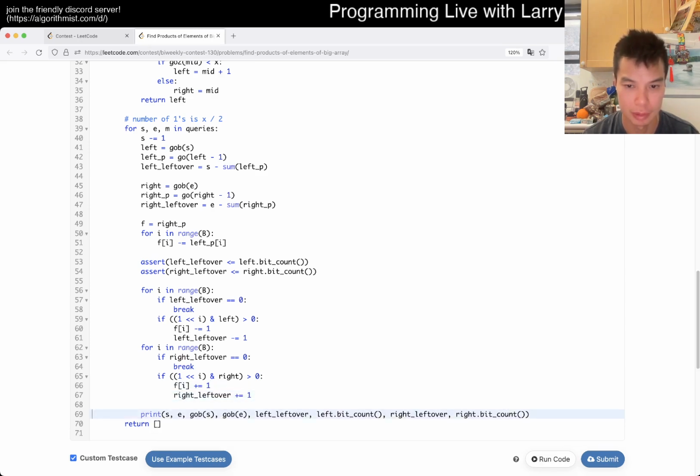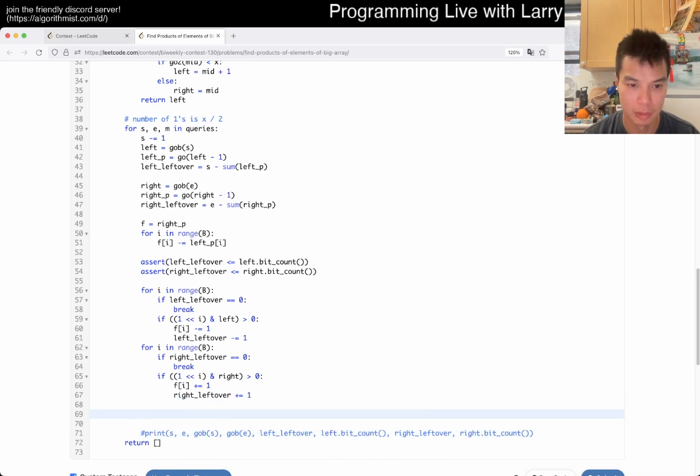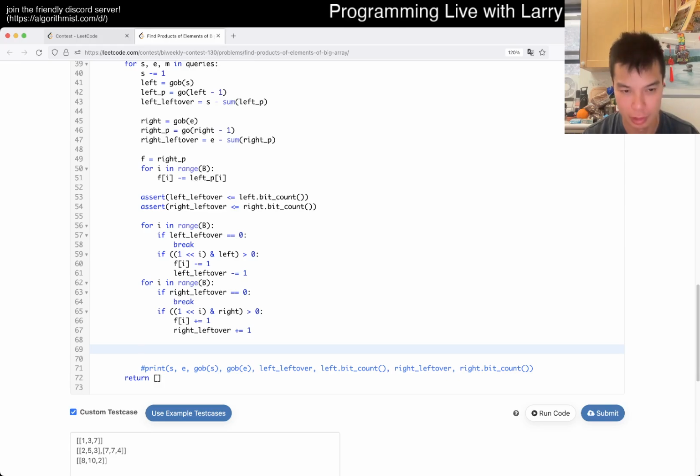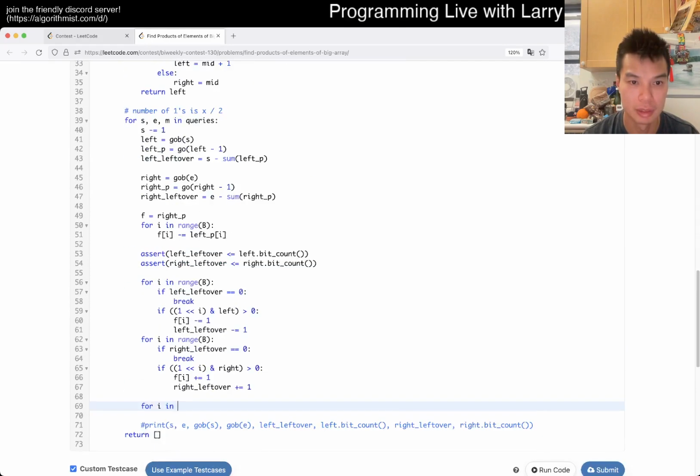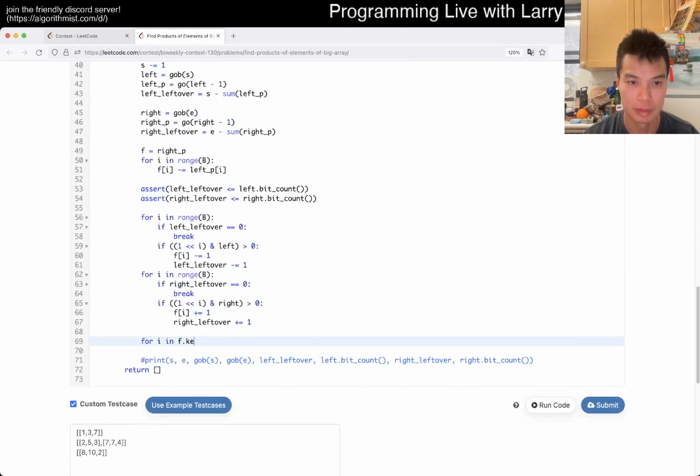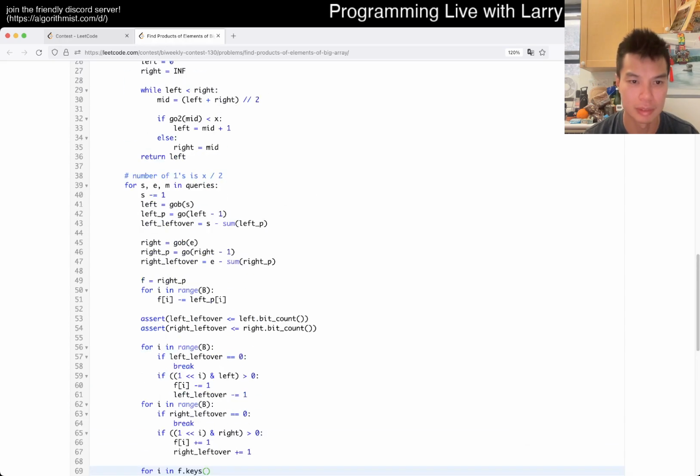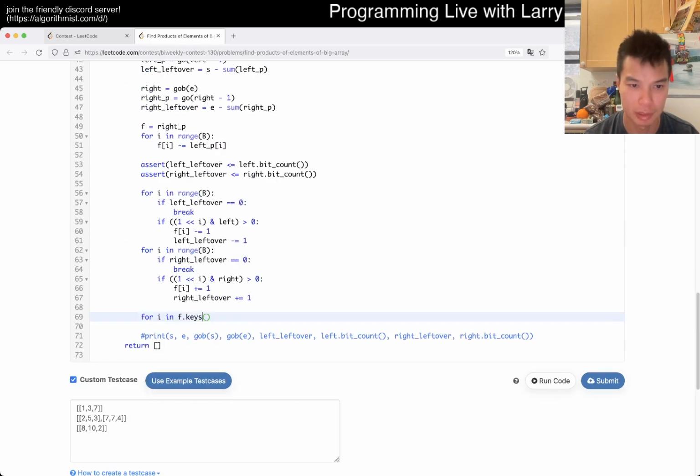Right, and then now we have f, so then it's just for i in range in f. Is it? No, f is in the way. Okay, fine.